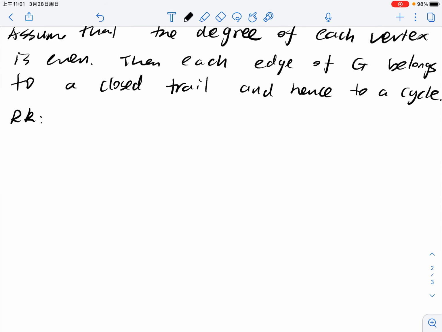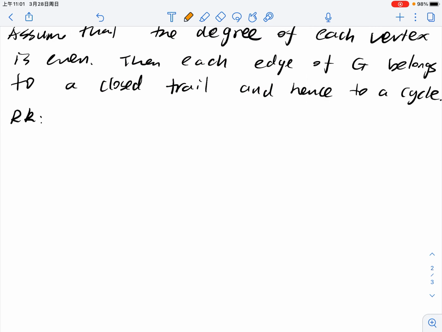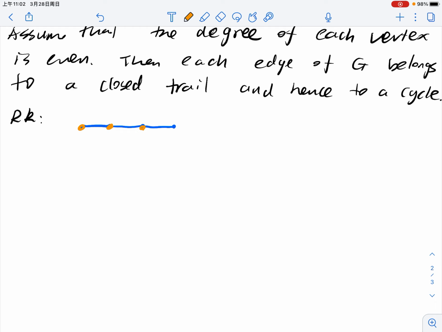Here, let me explain a little bit on the even degree condition. For example, if you have the following graph, and the degrees at the vertices are 1, 2, 2, 1, then of course the claim is wrong.